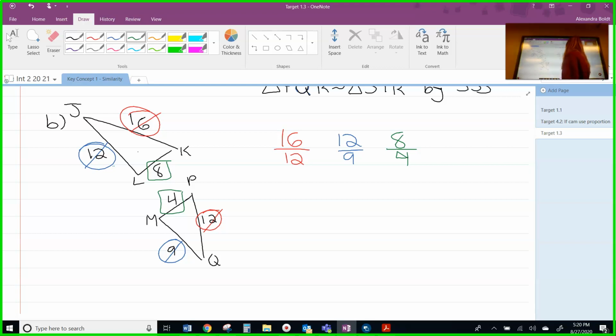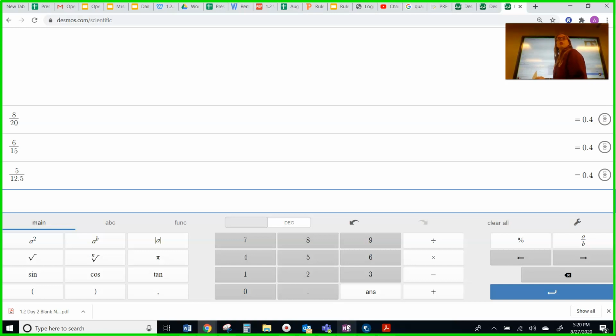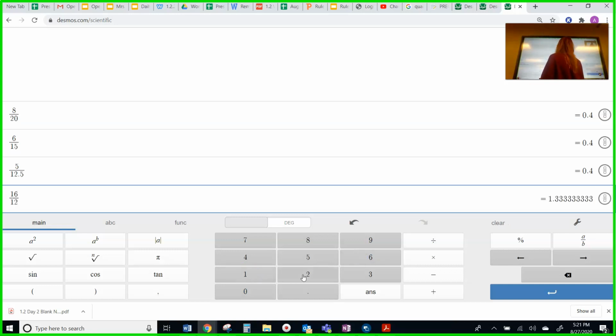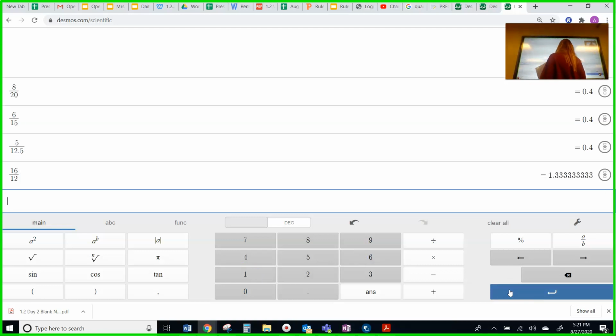So again, we're going to divide. So I have 16 divided by 12. And I get 1.3 repeated. That's fine. That's all I want.